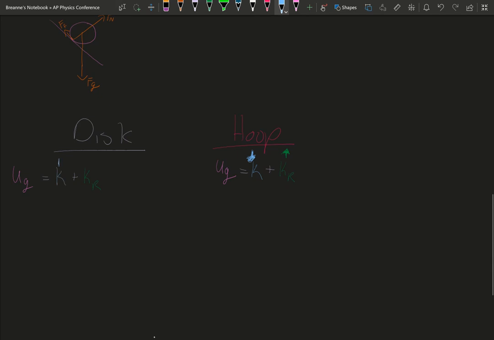So your disk translational is going to be bigger. Remember, blue is linear, green is rotational. Because it has the same gravitational, just how does that energy get transferred? Does more of it go to the rotating or more of it go to moving in a linear line? Well, more of it went to the linear line with the disk, so the disk is going to be able to go further because it has more of a linear velocity when it launches itself off the table.